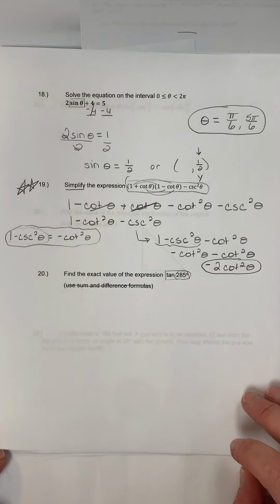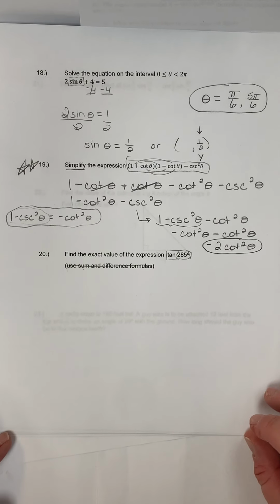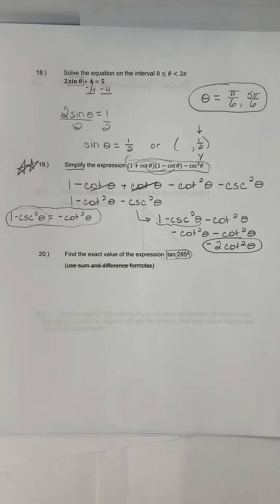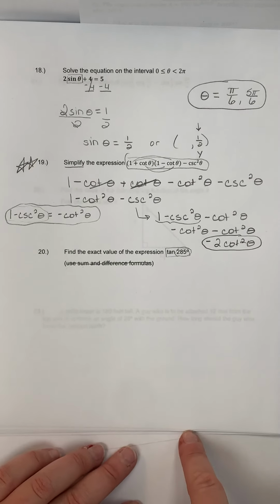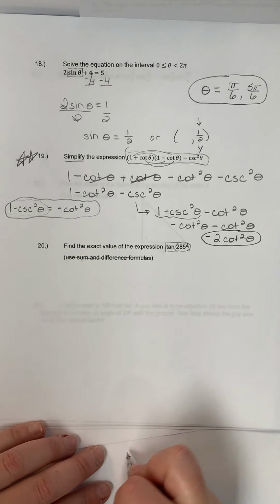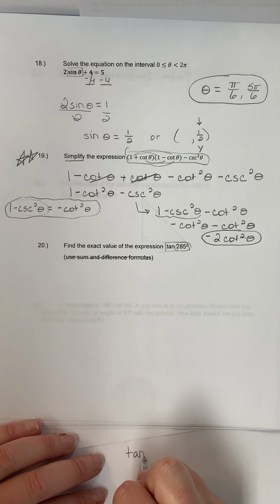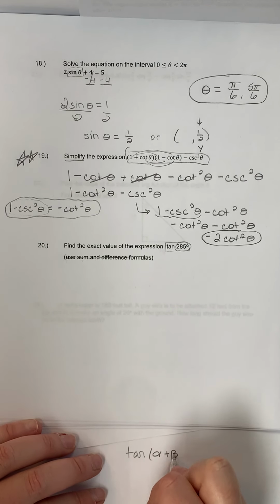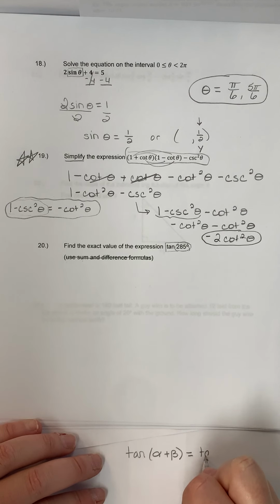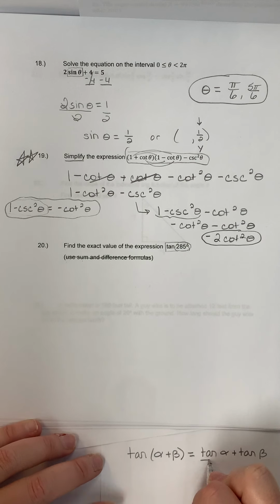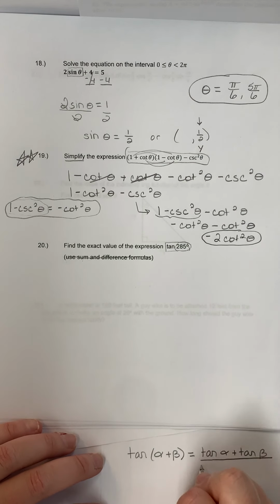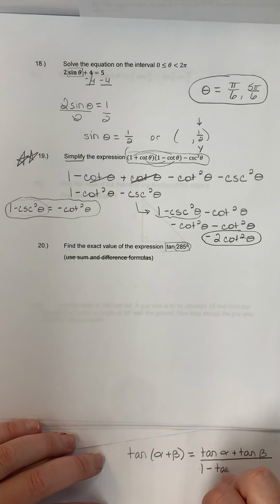All right. Now, here's the other thing that we're going to do. We have tangent. There are 2 formulas, right? Can you see this if I were to write this down here, maybe? Okay. So we have the formula for sum for tangent, which looks like this: tangent alpha plus tangent beta over 1 minus tan alpha tan beta.